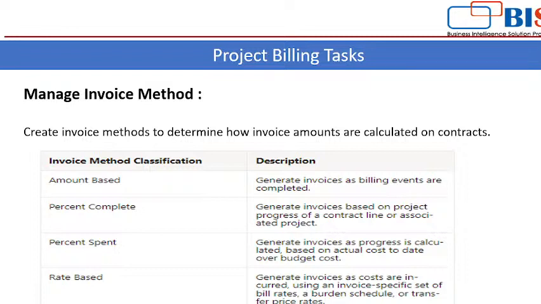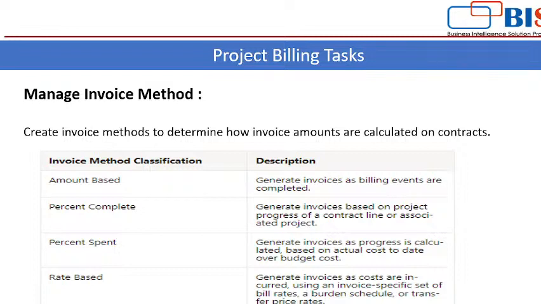So by the time billing events are completed, the system will generate the invoice. The second is percent complete. Here it generates an invoice based on the project progress of a contract line or associated project. Next is percent spent.